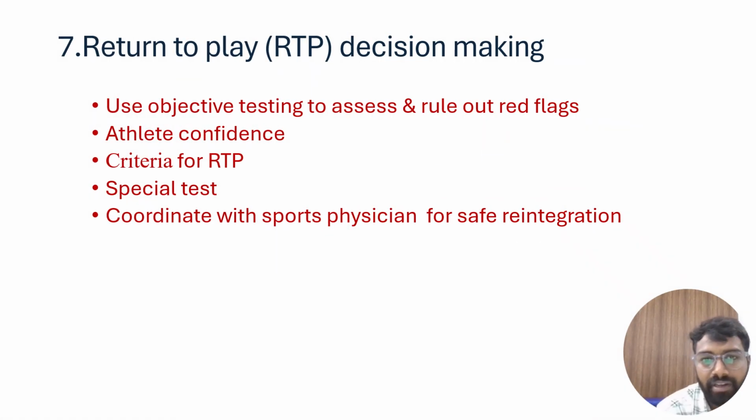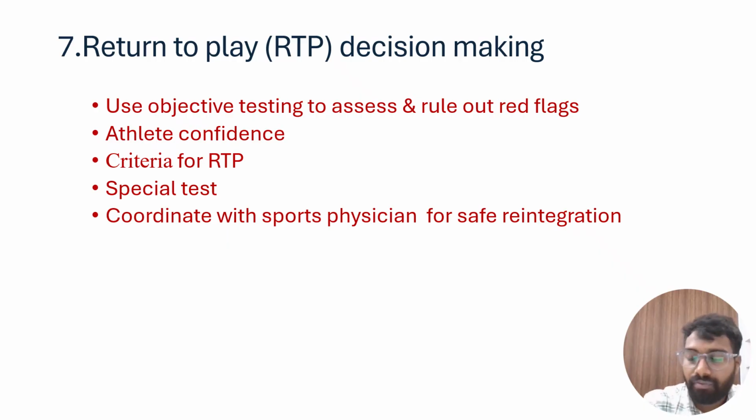So how is the return to play decision made? Return to play is a very crucial thought because we have to decide whether the athlete can play or not. It doesn't depend totally on us; it is a team approach.